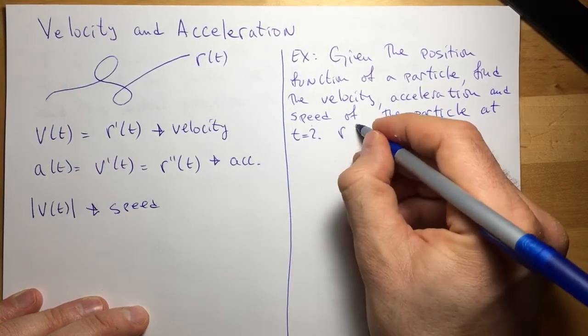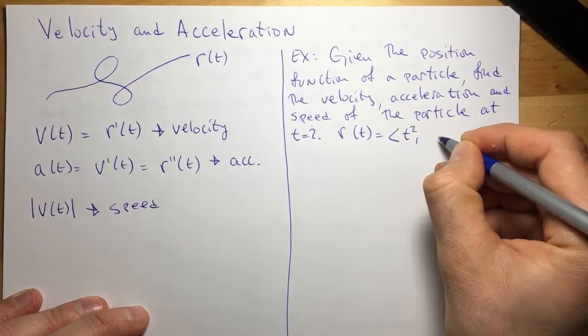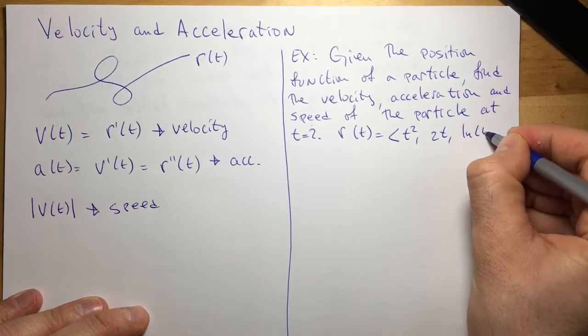Okay, so the position function is given by t squared, 2t, ln of t.